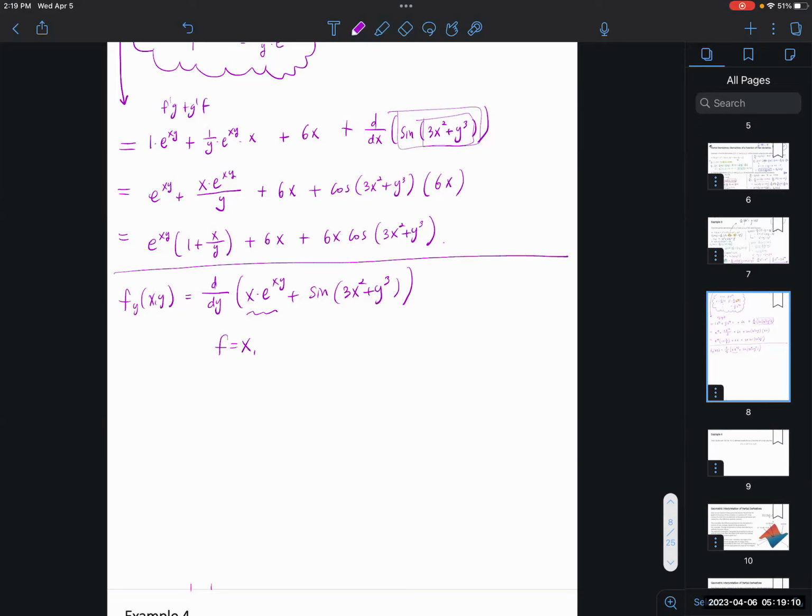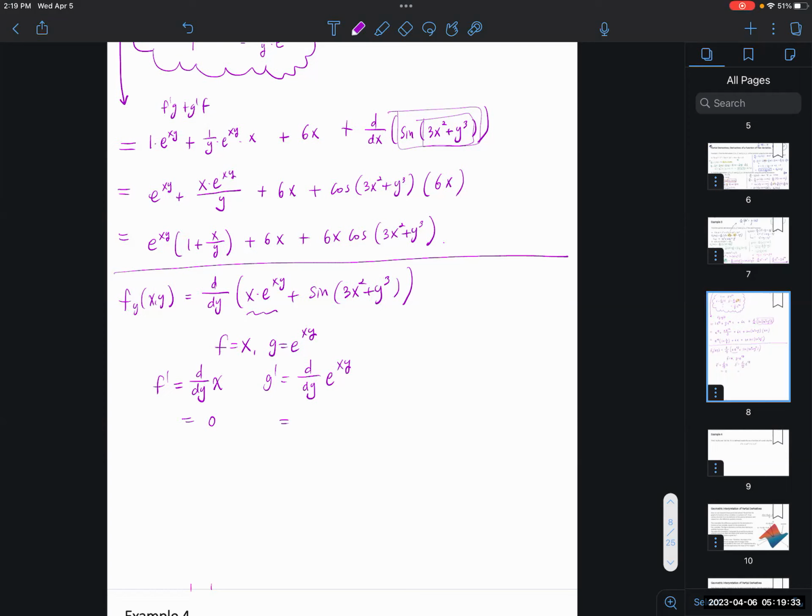f is x, g is e to the xy. So d over dy of x, that's going to be f prime. That is going to be constant, 0, isn't it? Because x is going to be constant. And then g prime, d over dy of e to the xy. So same thing.